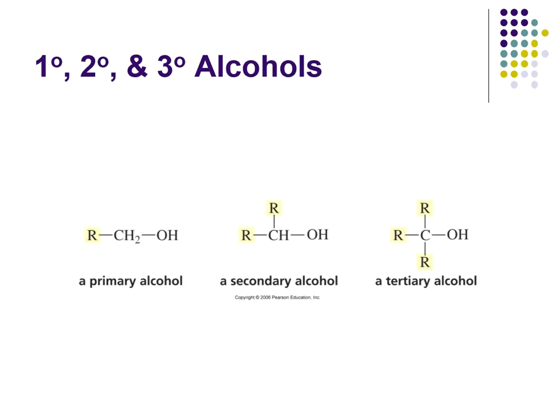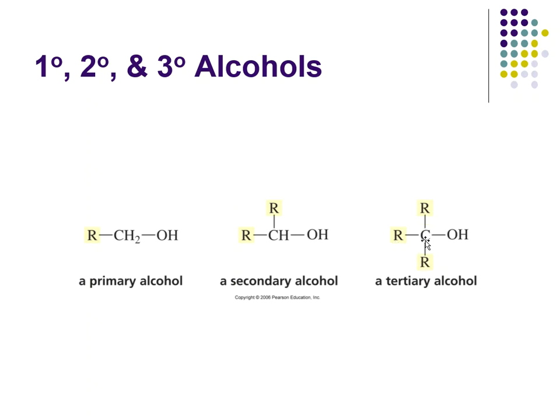Alcohols are the same way. The OH group is attached to one carbon only that's attached to one other, so that's a primary. The OH is attached to one carbon only that's attached to two others. Because it's attached to two others, that's a secondary alcohol. And then the OH is attached to a carbon that's attached to three things.